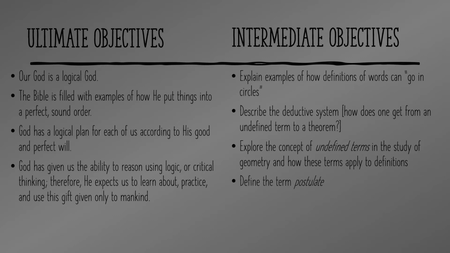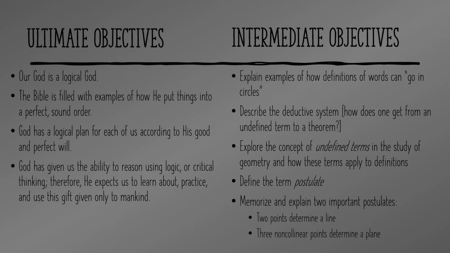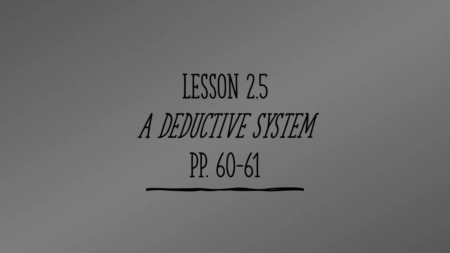And we're going to define the term postulate. We're going to memorize and explain two important postulates, the first being 2 points determine a line, and the second being 3 non-collinear points determine a plane. Again, this is lesson 2.5, a deductive system, on pages 60 and 61 in your text.